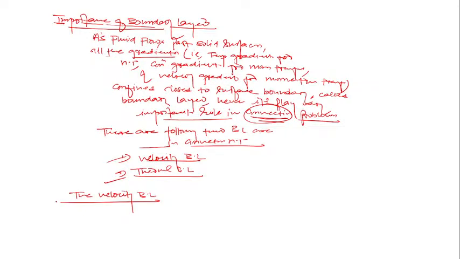Everything is going to be in sequence. First we are going to discuss the velocity boundary layer.